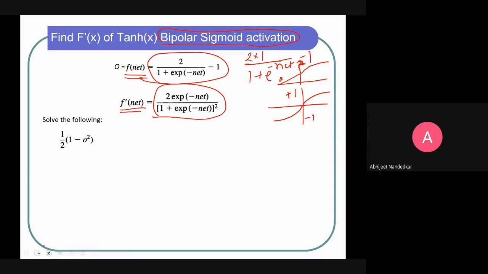Now you solve this thing, half into 1 minus o square. What you do, you substitute o is equal to this thing.